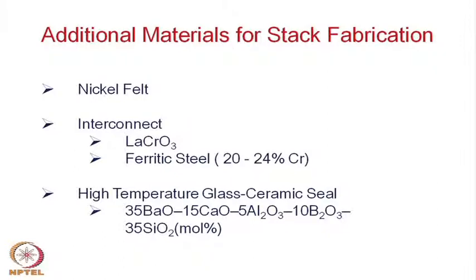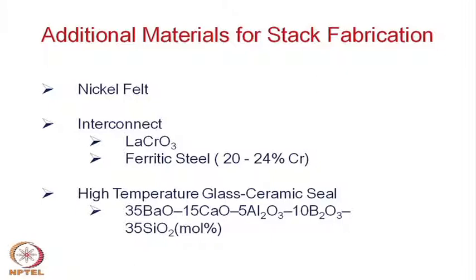Now, when we are talking about stacks, you need, in addition to the anode, cathode, and electrolyte, and we have also discussed some materials used as cathode functional layer or anode functional layer, two more important materials to be used for stack design or stack fabrication.